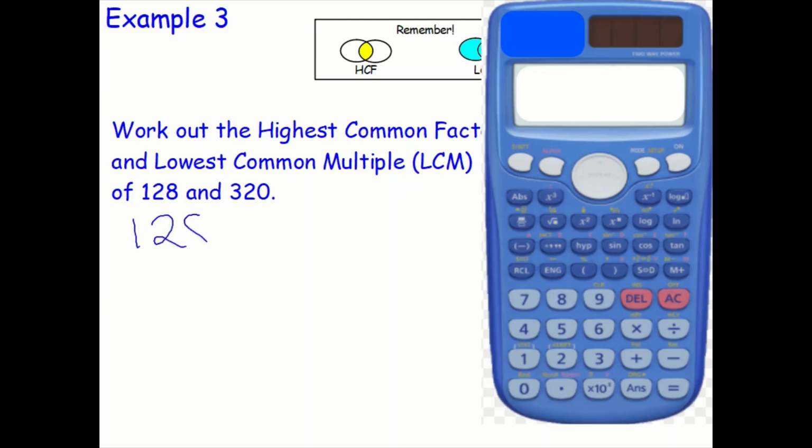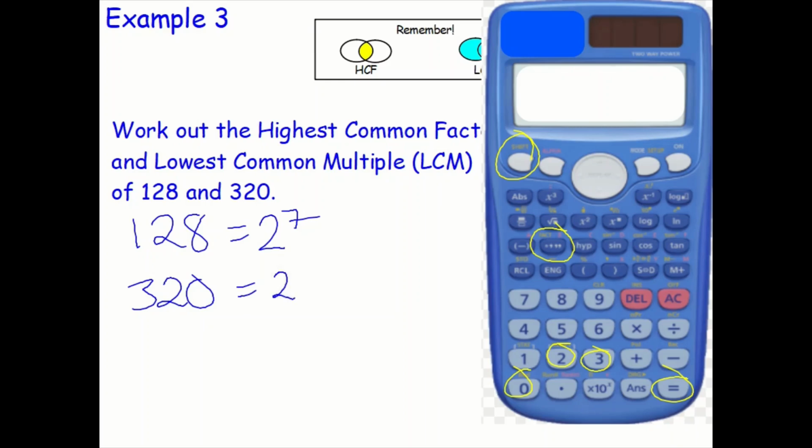So 128 is 2 to the power 7. If I do the same thing now with 320, so type in 320 equals shift fact, and you get the following. 320 is equal to 2 to the power 6 multiplied by 5.